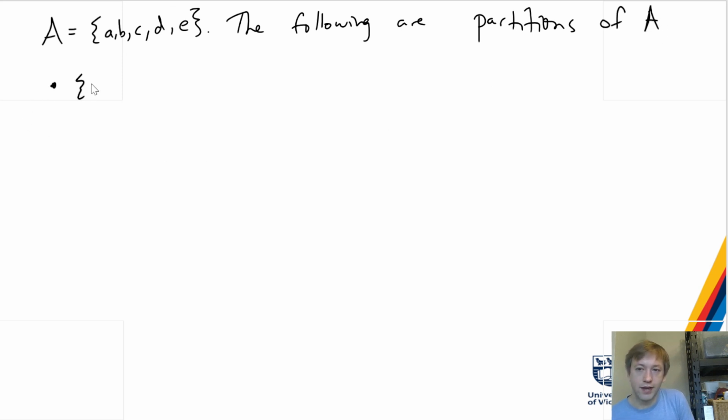So if I take, let's say, the set containing the set {A} and the set {B, C, D, E}, that's a partition.